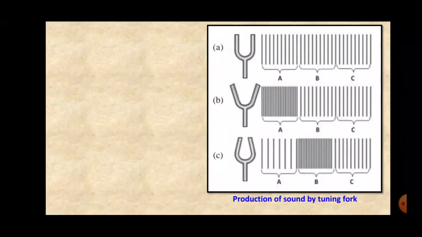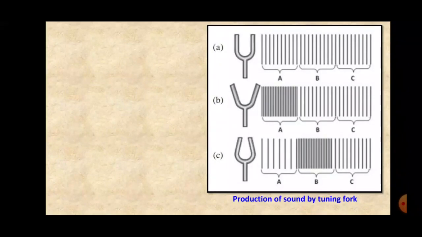So this A part in B picture is called the compression. Now the prongs have gone outside, and now they will come inside. When these prongs come close to each other, the air outside the prongs again becomes sparse, right?